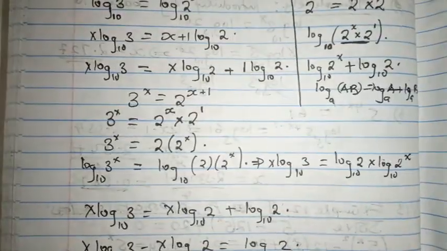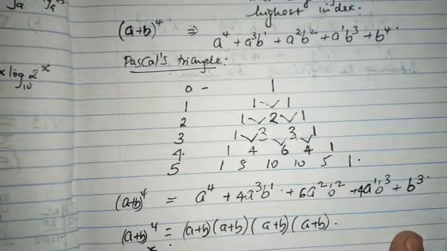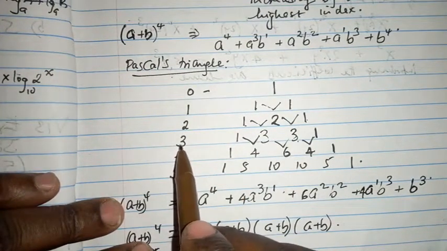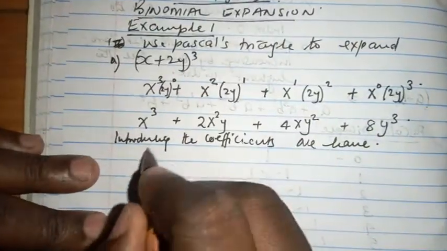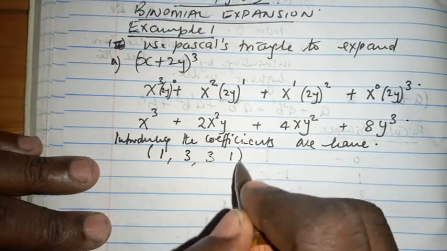We can borrow the coefficients of when the power is 3. You can see this is when the power is 3. We have the coefficients 1, 3, 3, 1, and that is it.